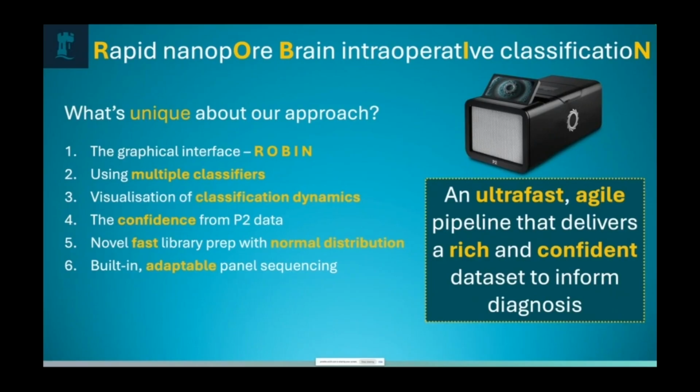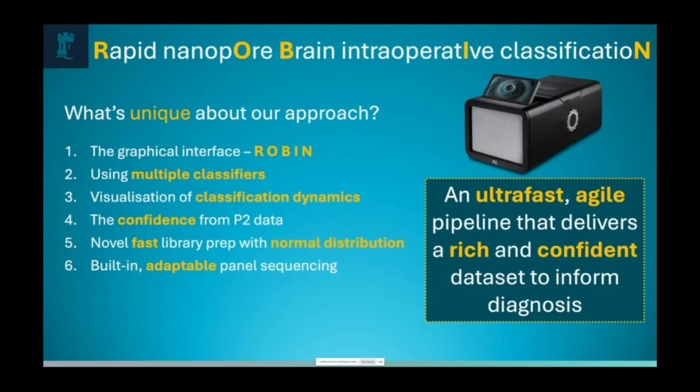We actually use multiple classifiers rather than relying on a single classifier. The reason we do that is that we found that different classifiers have different properties. They're a little bit like having one or two pathologists and asking them to come to agreement on what they are seeing. We enable people to see the classification dynamics.